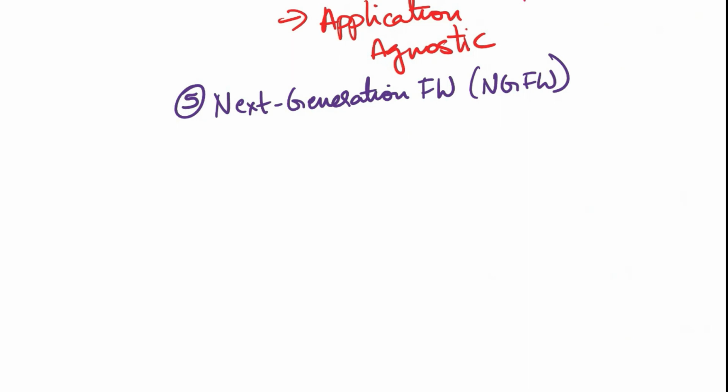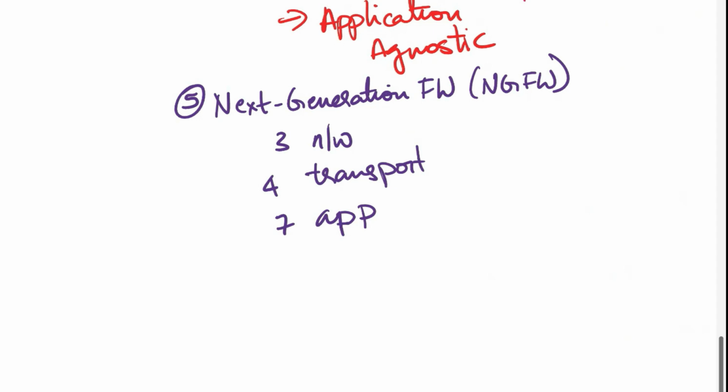They operate at multiple layers of the OSI model, including layer 3, that is the network layer, layer 4, that is the transport layer, and layer 7, which is the application layer, and offers several key features and functionalities. Let's see few of them. The first one is packet filtering and stateful inspection.